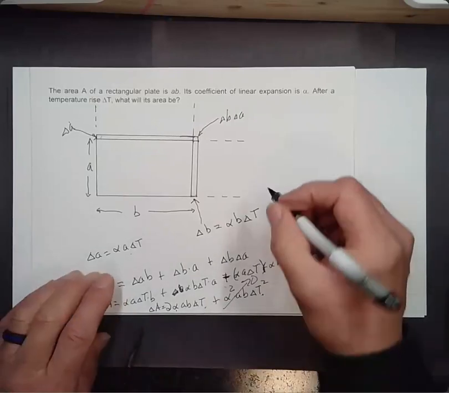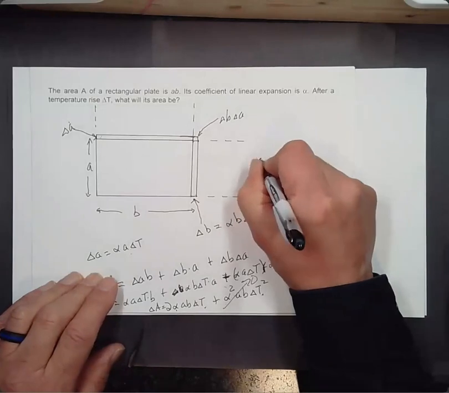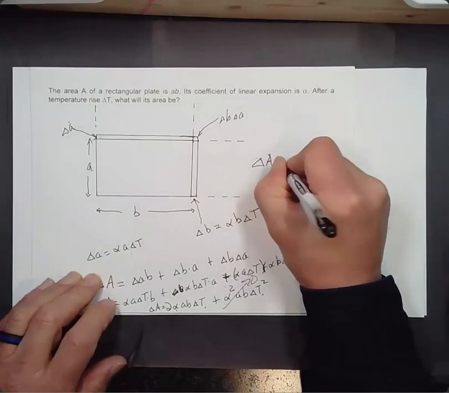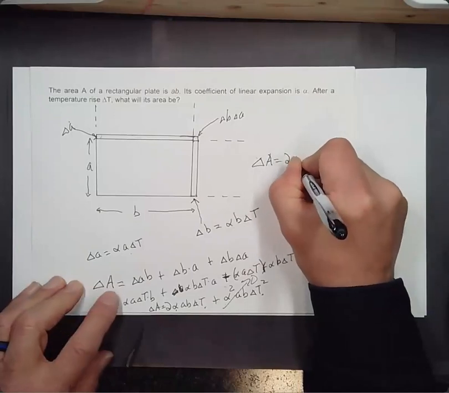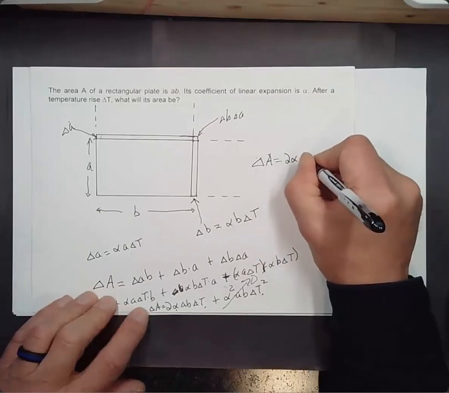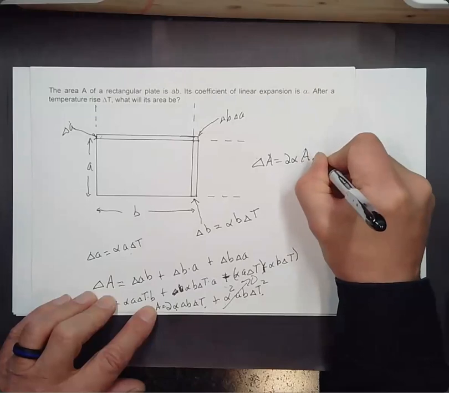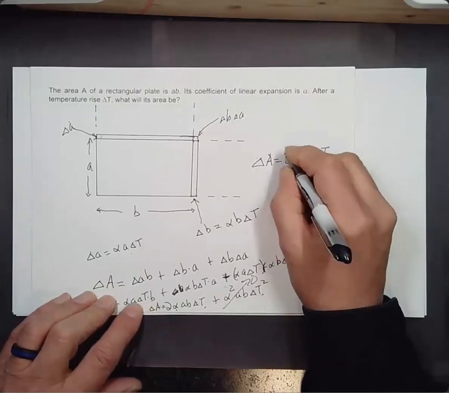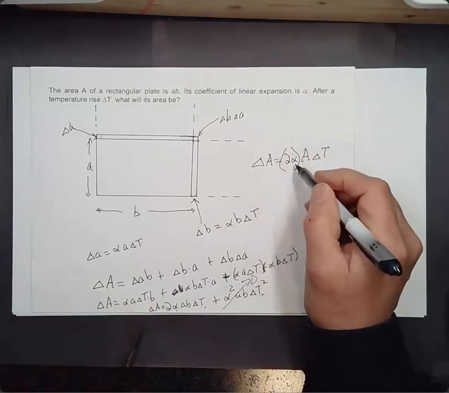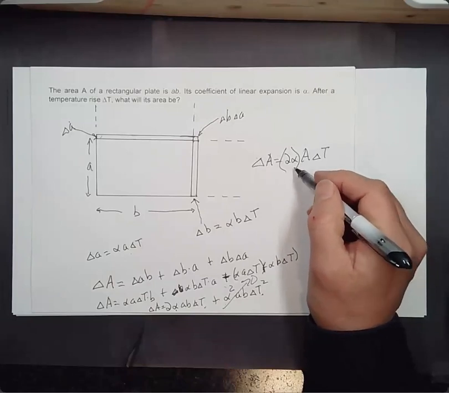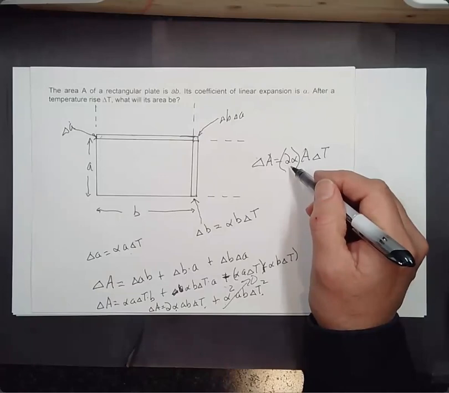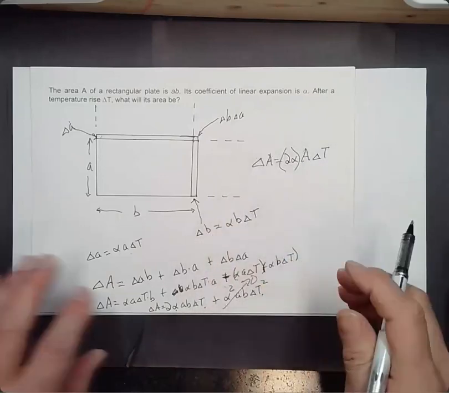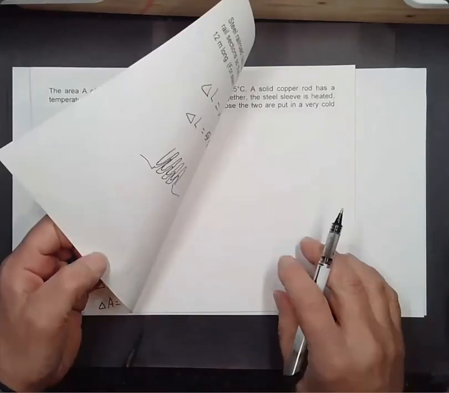And so what we end up with is that the change in area equals 2 times the linear coefficient times the area times delta T. So if you know the linear coefficient of thermal expansion, the area coefficient is just twice that.